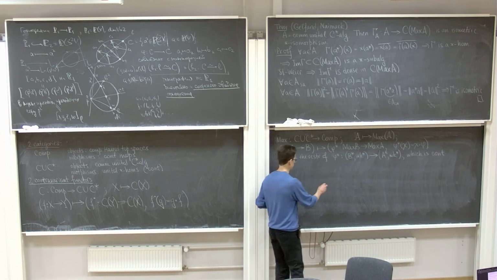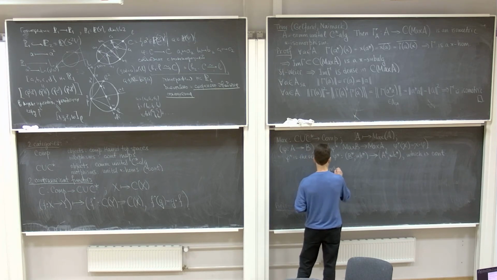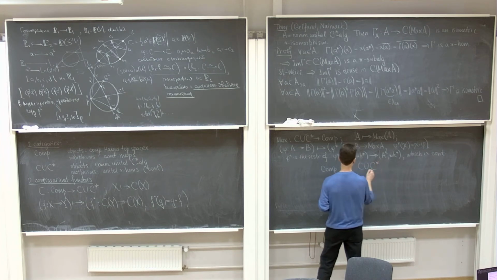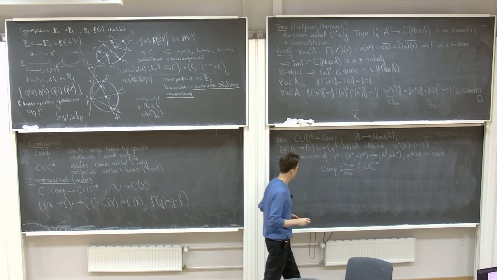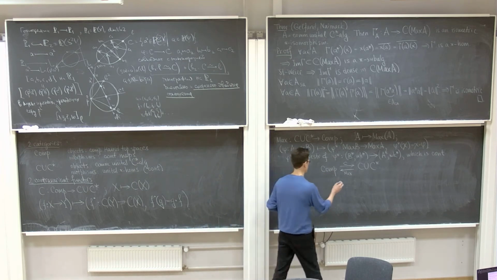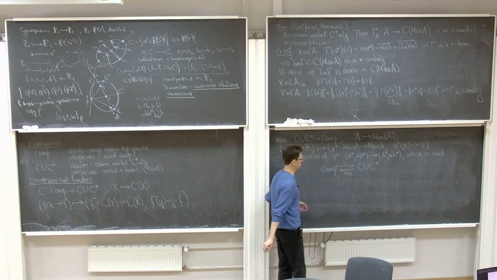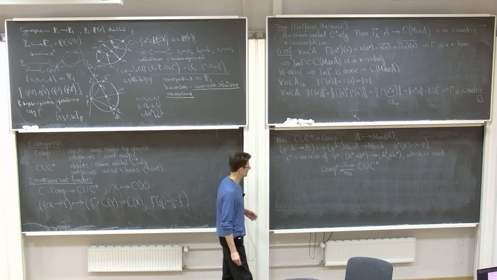So we have two functors. Let's draw a picture. We have two functors which act in the opposite direction. This is C, and this is max. So let's make these functors covariant by replacing the category of compact spaces by the opposite category, the dual category, with the same objects and with the arrows reversed.